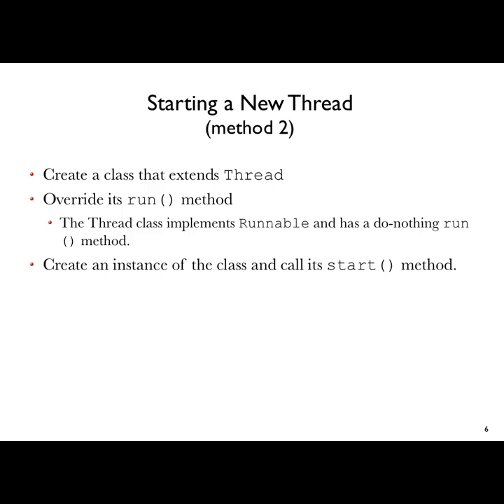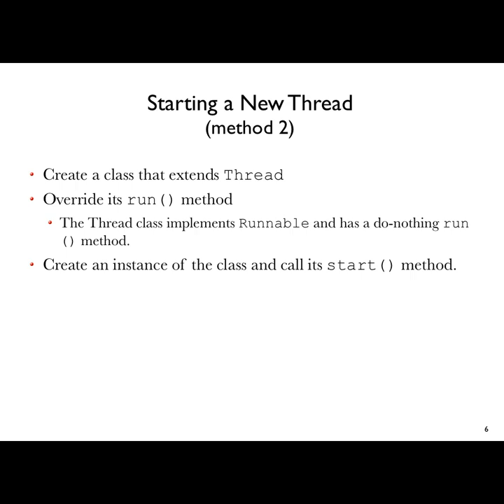There are reasons that you can look up if you're interested about why you might choose one or the other, and that's to extend Thread itself and override the run method, and that behind the scenes is doing the same thing. Of course, the advantage of the first method is that when you've got an interface, you can do multiple things.